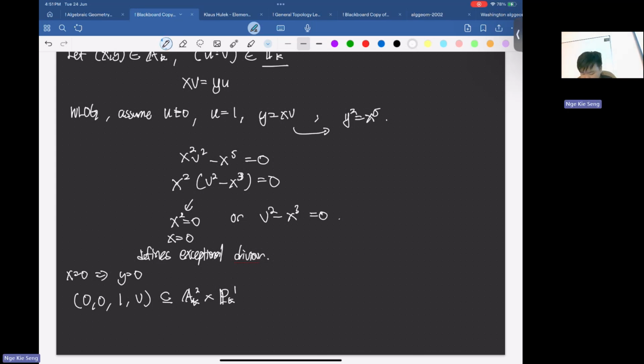This is the whole set of points you obtain in this product space, and you know this is isomorphic to P^1, which is your E.